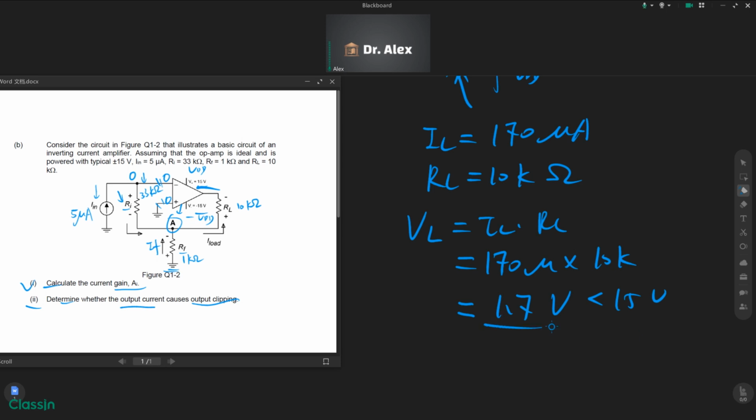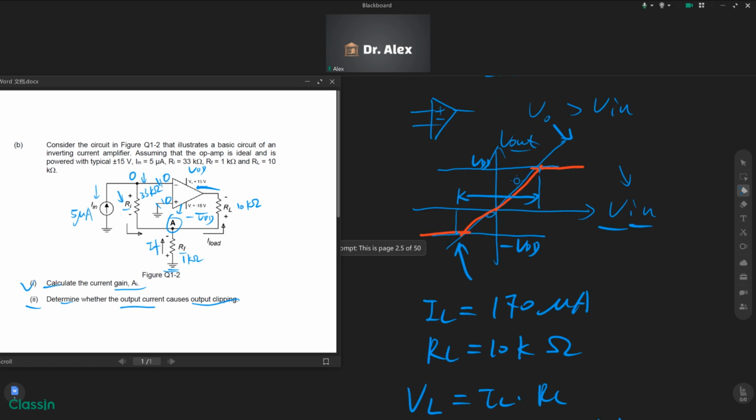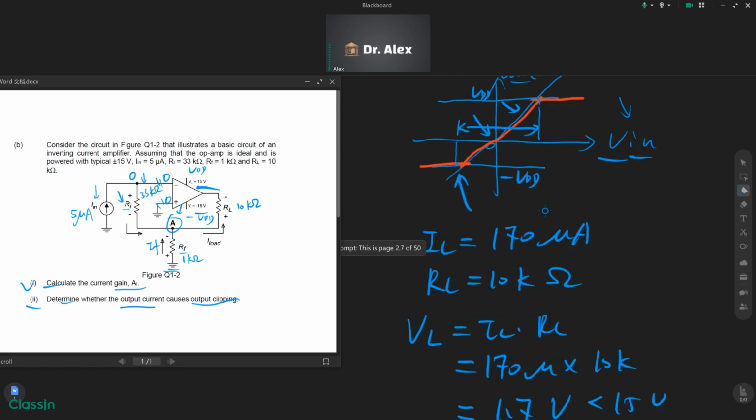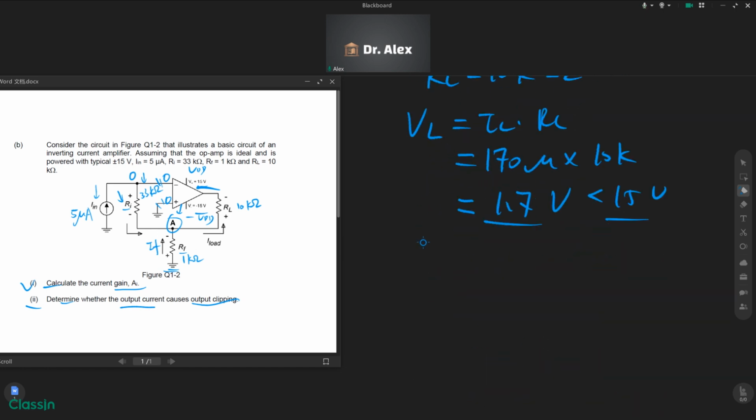So the output voltage is smaller than VDD, which means it's in the linear zone. There will be no clipping happening with these parameters. I think you can understand this explanation.